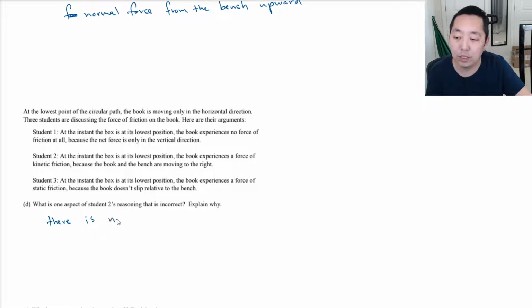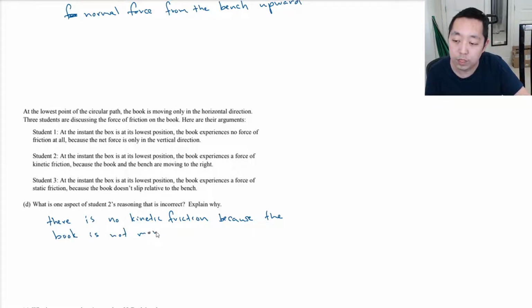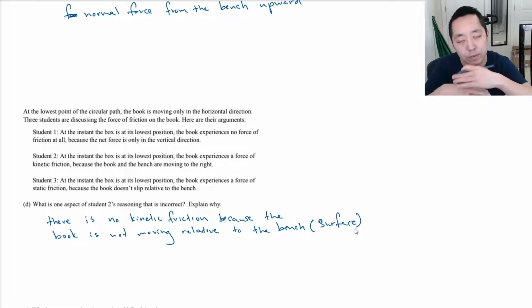So there is no kinetic friction because the book is not moving relative to the surface, the bench, or basically whatever object the other surface is rubbing against.